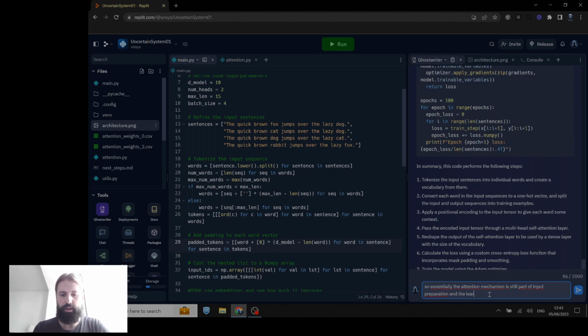And the learning really happens in a neural network between that transformed input and the output.